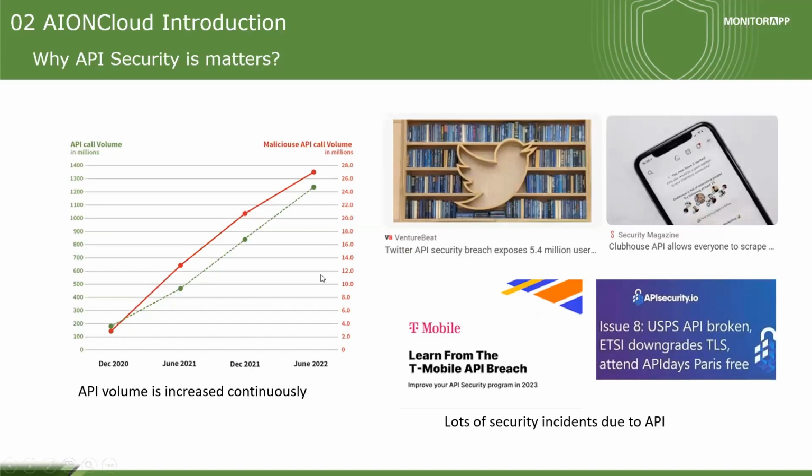As you can see in the graph, API traffic has increased dramatically. Also, malicious requests have increased in the same direction, which means malicious API traffic is increasing. And there are also some news stories about API security incidents, like Twitter and Clubhouse.